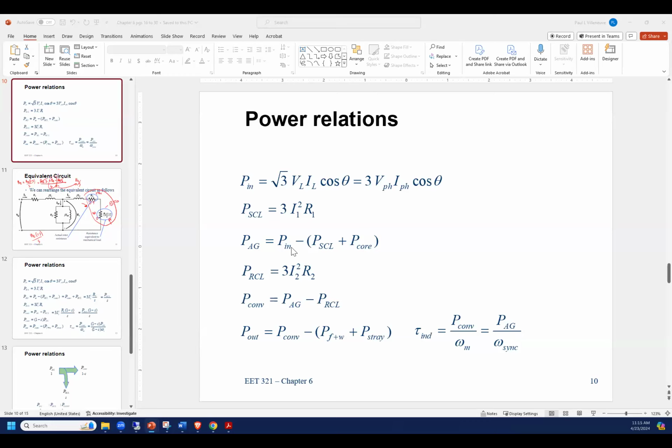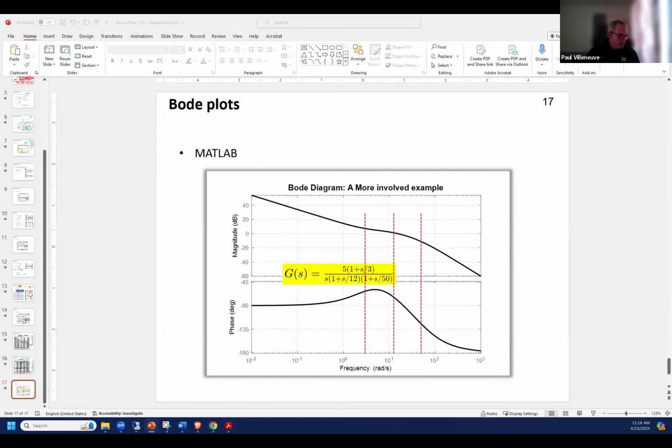Yes, and that's what I did, but it looks like you're saying you're subtracting all of them in the explanation that you just did. That's correct, though, right? Let me see if I can move this over here. If I just distribute this, this is equal to P in minus P stator copper loss minus P core, correct? Yeah, I guess so.